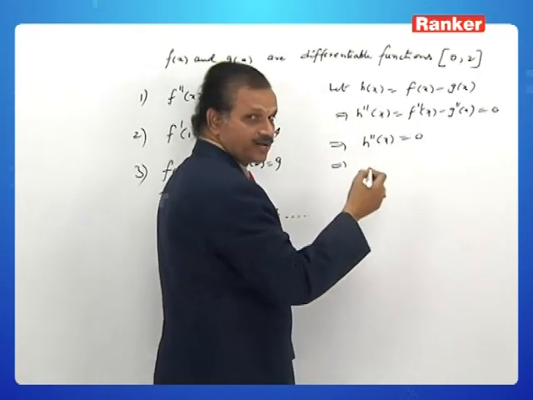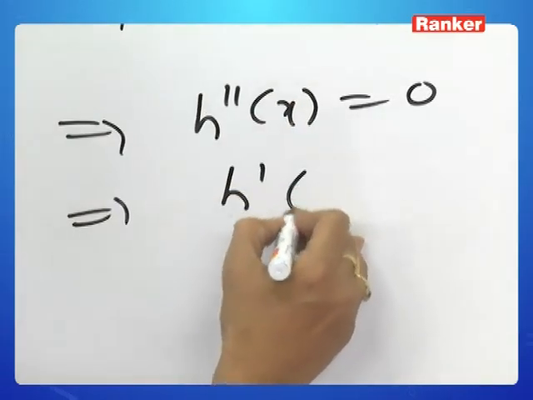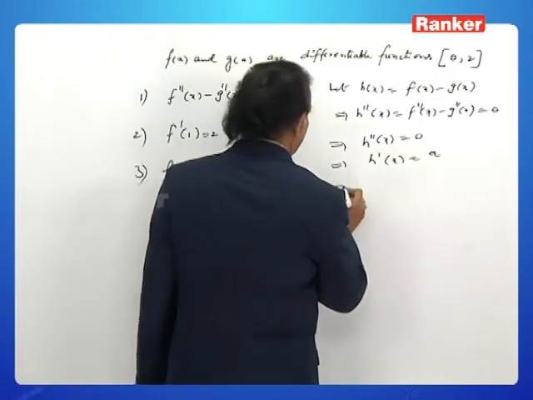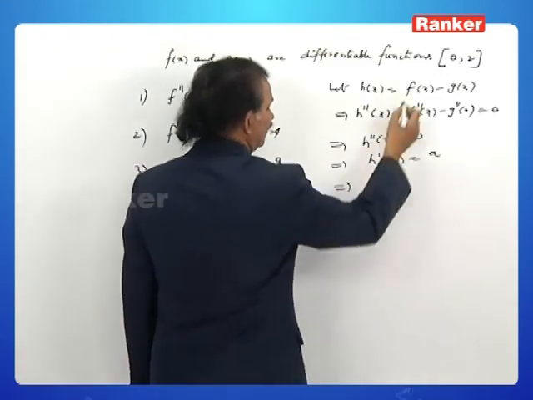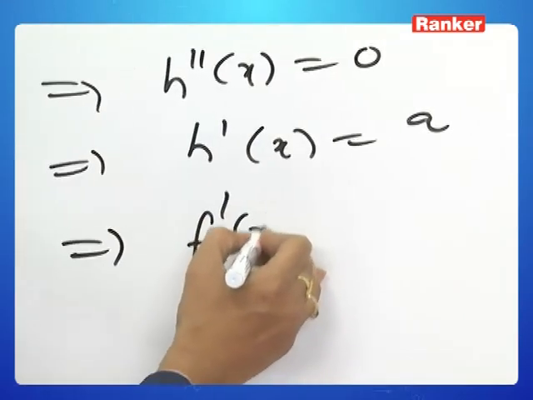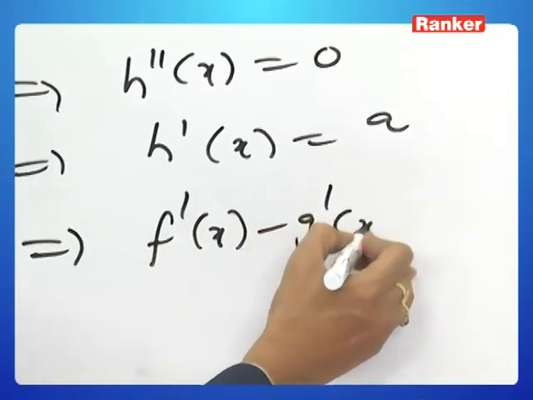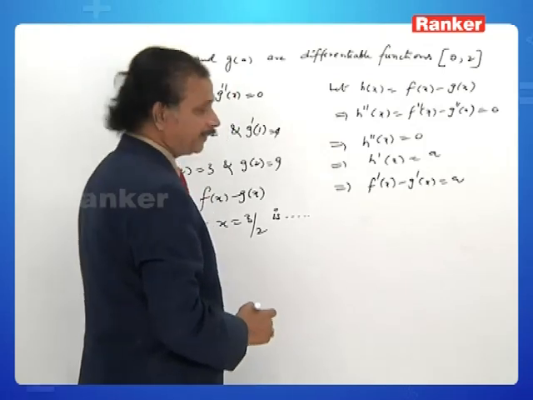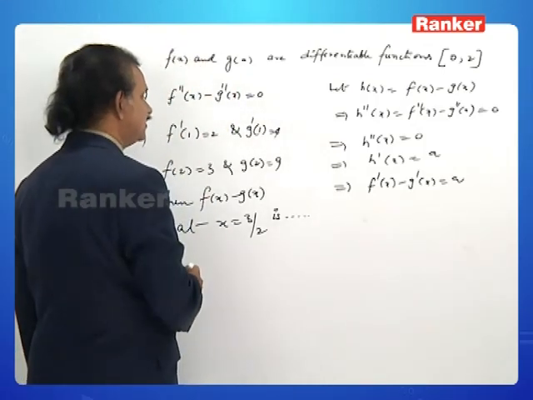Implies you integrate it on both the sides, h dash x is equal to a. But what is h dash x? Is nothing but f dash x minus g dash x is a. Okay, f dash x minus g dash x is a.